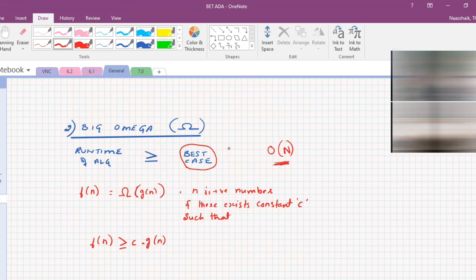I can write an algorithm which takes less than the best case, but at least it should match the best case. It should not go below the best case. For example, I say my algorithm takes 5 seconds to run, okay? This is the best case. Now if I measure omega of the algorithm, I'm going to say that omega of this algorithm will be greater than or equal to 5. It's not going to go below the 5 mark.